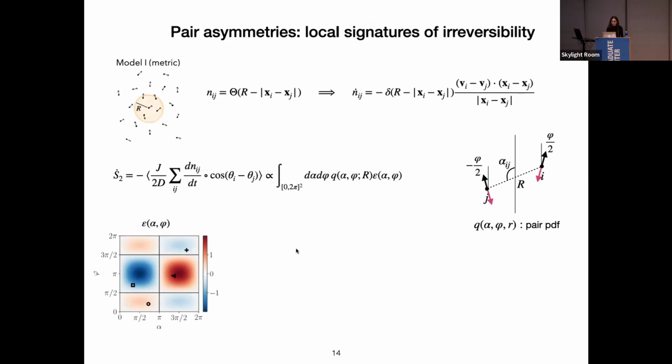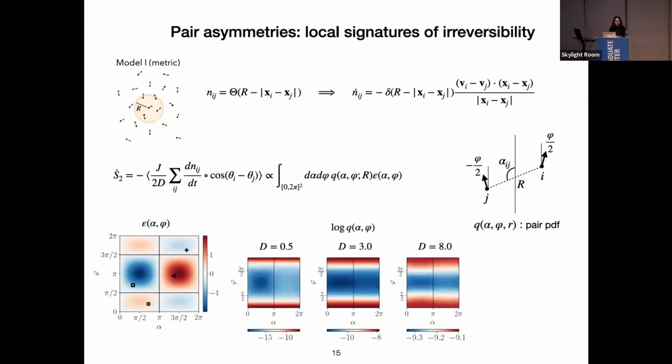So in order to have a non-zero entropy production rate, we cannot have mirror configurations like the black arrows and the pink arrows that are equally probable. They cannot have the same probability if we want to have positive entropy production rate. So this asymmetry is a local signature of irreversibility that occurs at the scale of the interaction radius, and that we could check in our numerical simulations.